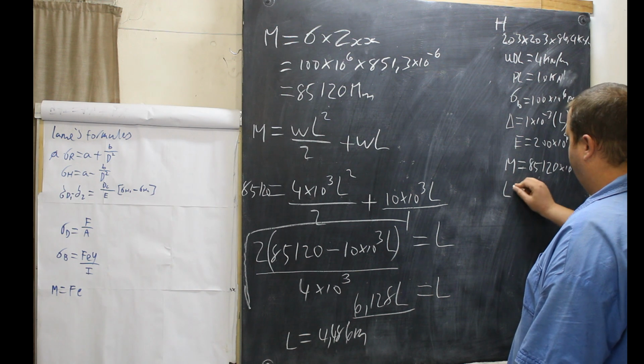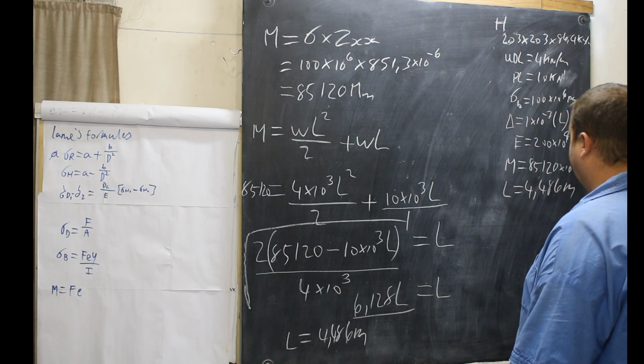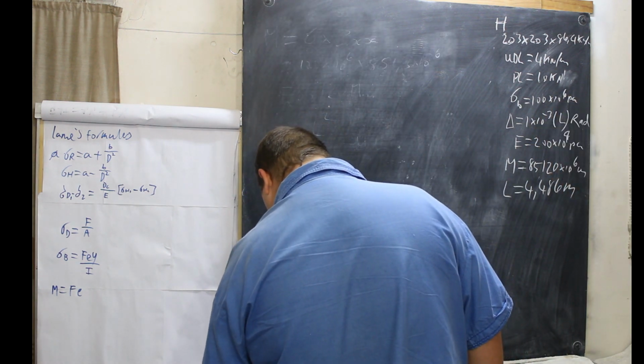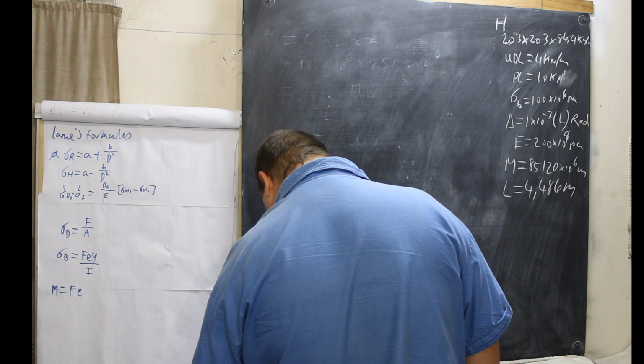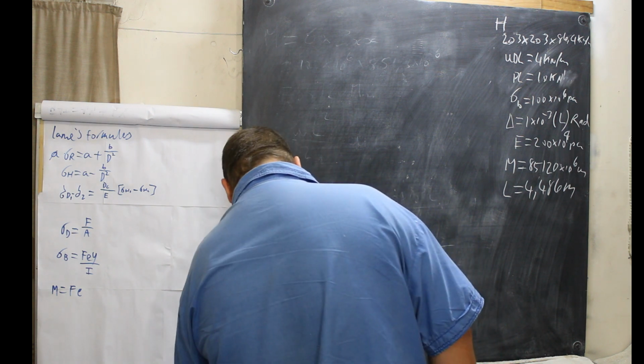So L equals 4.486 meters. Next question. They want the maximum slope, deflection and bending stress for the allowed length.